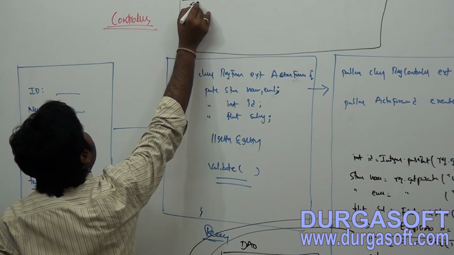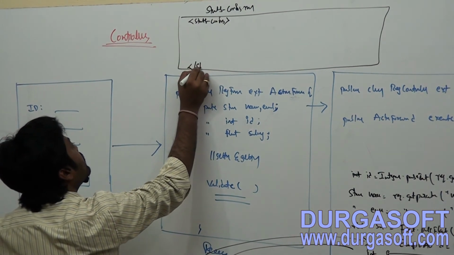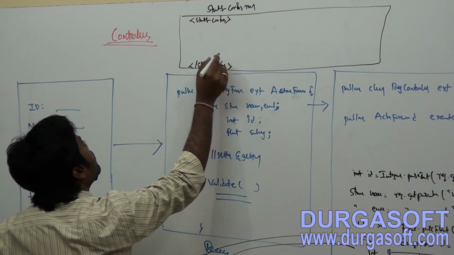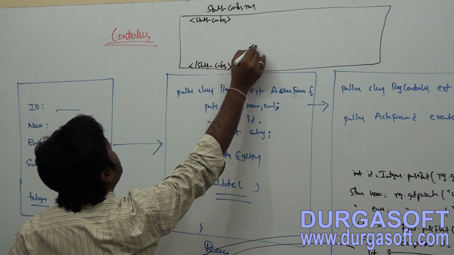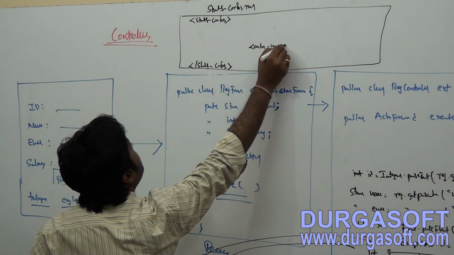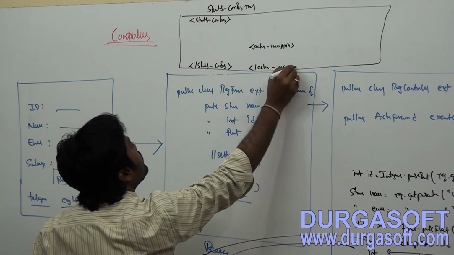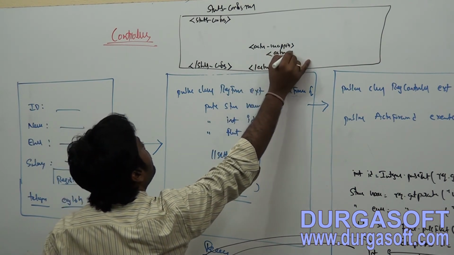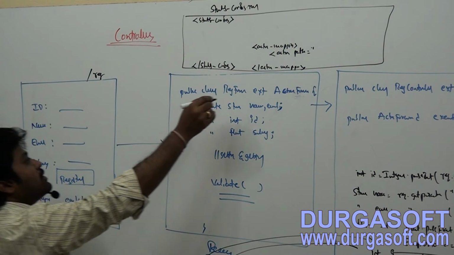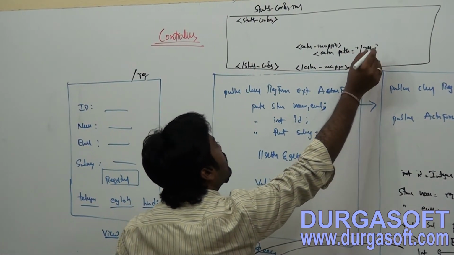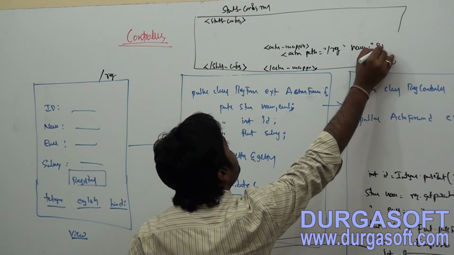First, in between struts-config tags, first thing, action mappings. In between action mappings, action. Our form action path is, let's say if the form path is /reg, then the data needs to be stored into a bean reference name, registration form rf.